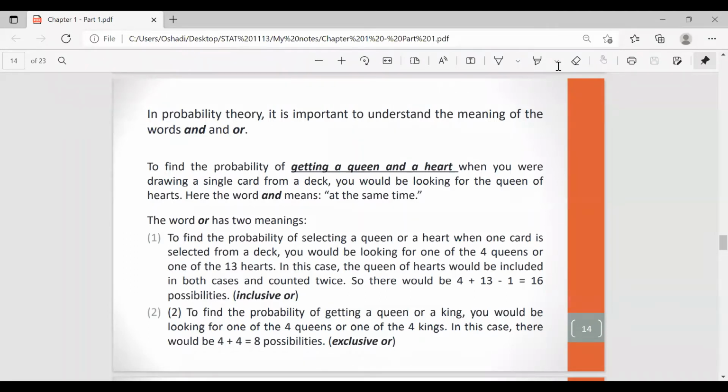There are 4 possibilities of having queens and 4 possibilities of having kings, so there are altogether 8 possibilities. So the thing I want to highlight here is when you use the word and or, you have to be very careful and try to understand the thing behind the word and or.